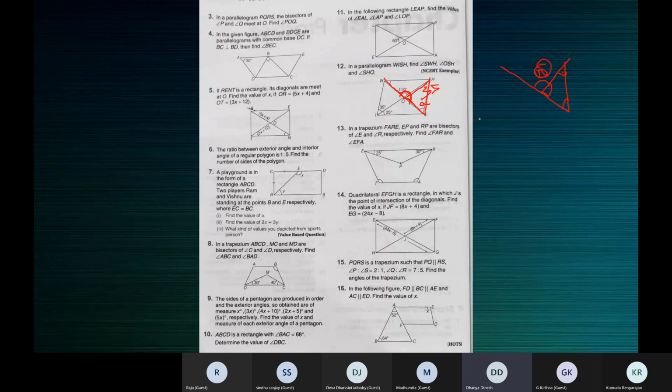So 75 degrees. Yes, you can use the exterior angle property in a triangle. So you can mark it like this. You can use some letter, B, C, D. Now, using the exterior angle property, A plus 35 is equal to 110.